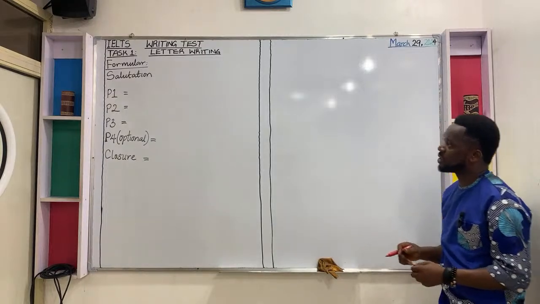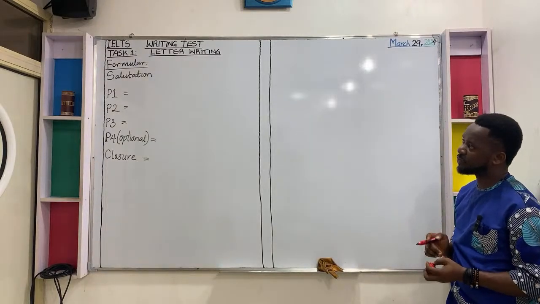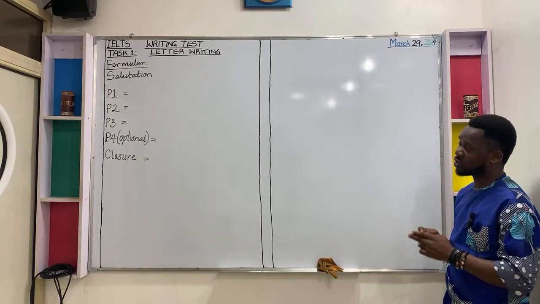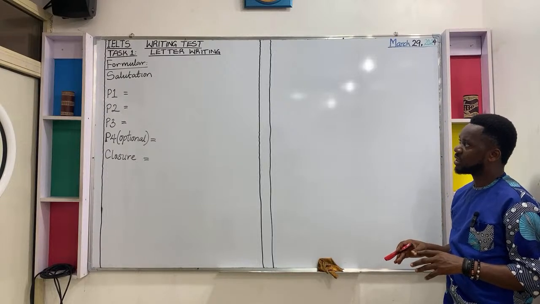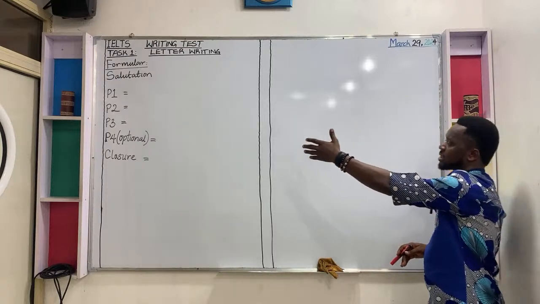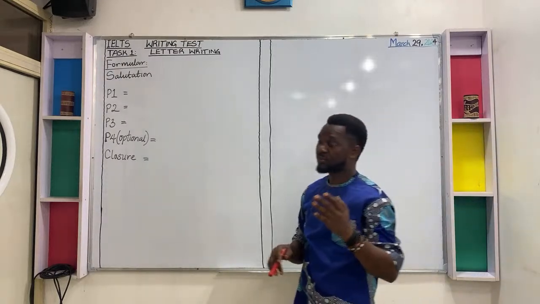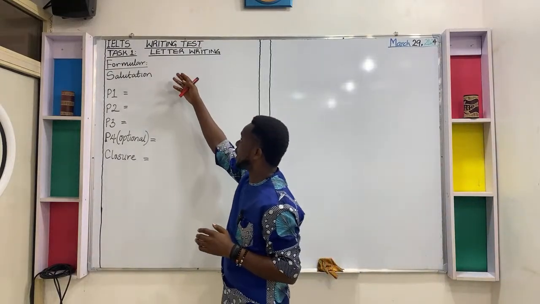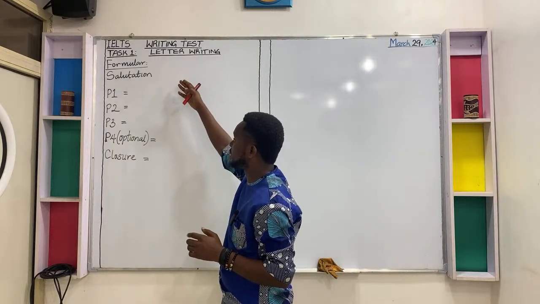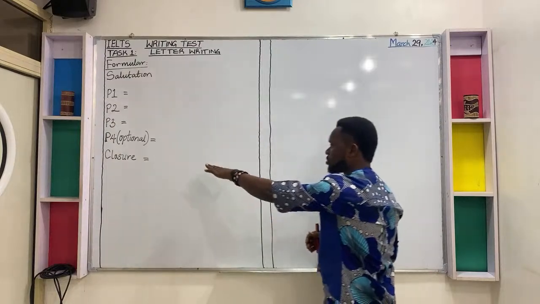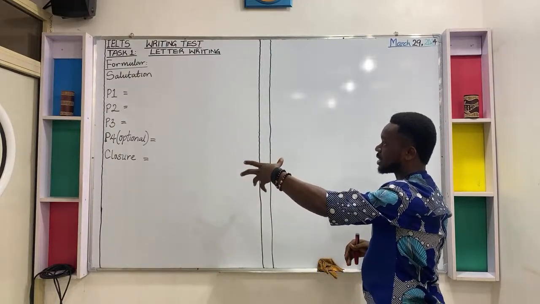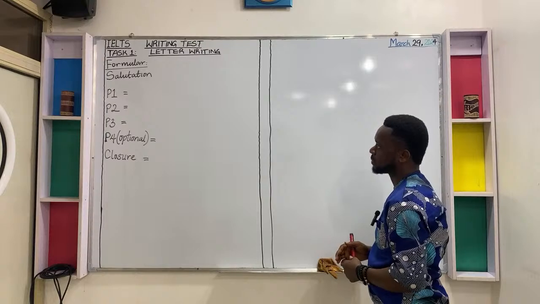Okay, so there we have the formula for writing letters, no matter the type of letter it is. But the only thing is, the content will be different. The content of an informal letter will definitely be different from the content of your formal letter, right? But this remains a formula, so it helps to guide the template of your letter.